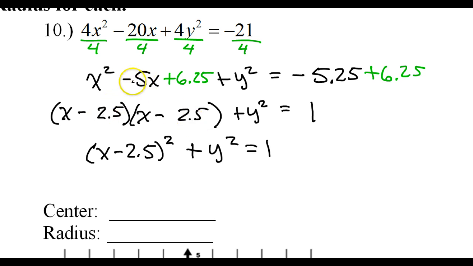In fact, we could say half of negative 5 is negative 2.5. Okay. So the center is going to be 2.5, comma, 0. See how when you have just a y squared, that leads to a 0. And the radius is going to be 1, because the square root of 1 is just 1.